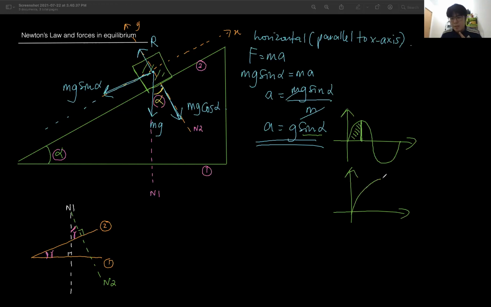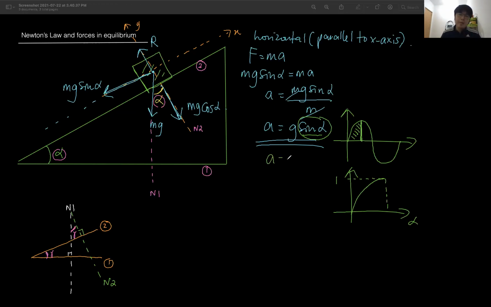When you increase the angle alpha, the value gets closer to 1. The sine graph amplitude is 1 and minus 1. When alpha increases, sine alpha approaches 1. When it is 90 degrees, straight, it becomes 1.